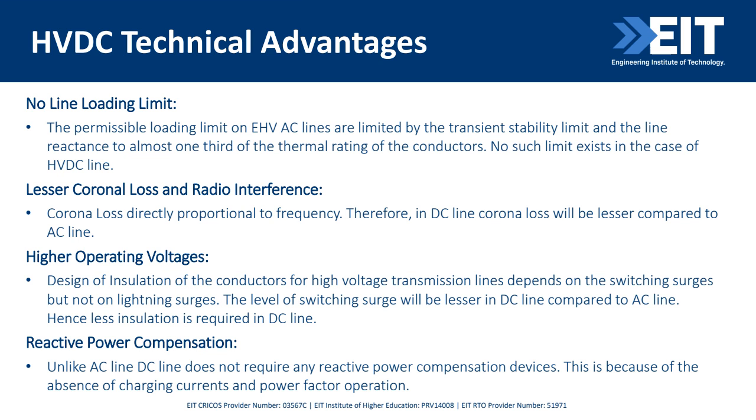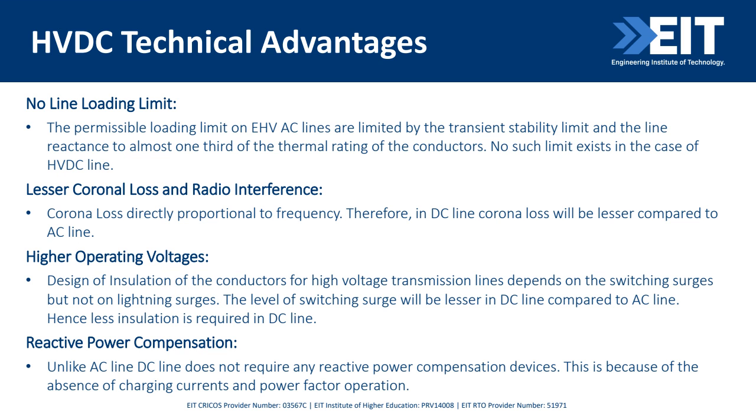If there's high current flowing through the conductor, it can raise the temperature, and there's a limit for how much we can load a specific size of conductor. But with DC, we don't have to worry about those line loading limits because there are essentially no losses.